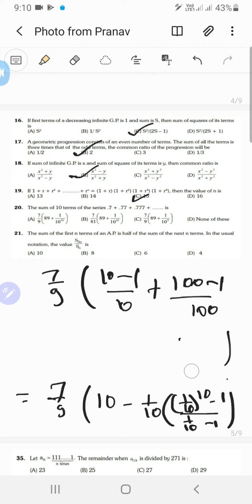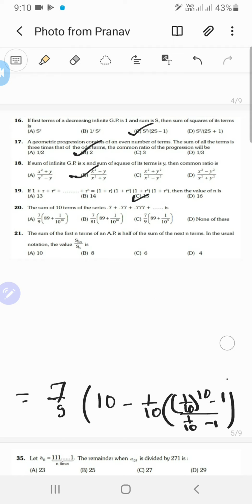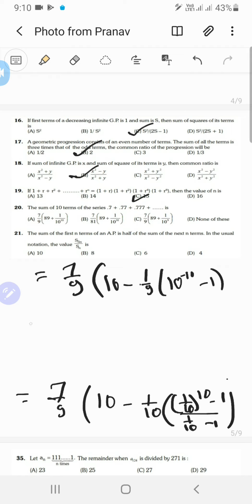Just erase everything else, for some more space. It is going to be equal to 7 by 9 of, let's see what we get, multiply by 10. So 10 minus... well, this is gone, this is 10 minus 1 is just 9, so 10 minus 1 by 9 of (10 to the negative 10 minus 1), which is 7 by 81 of... well, what is it? Yes, you get 9 over there.